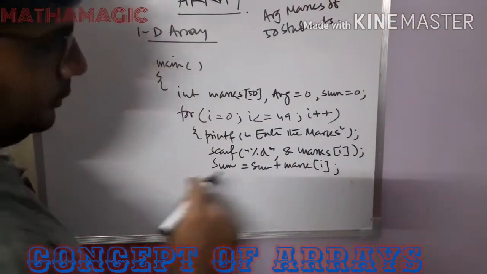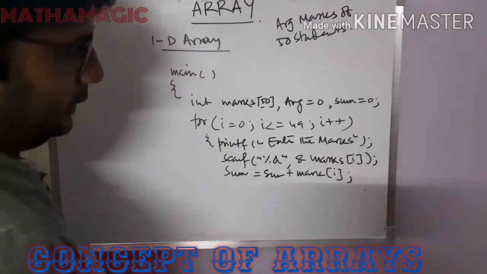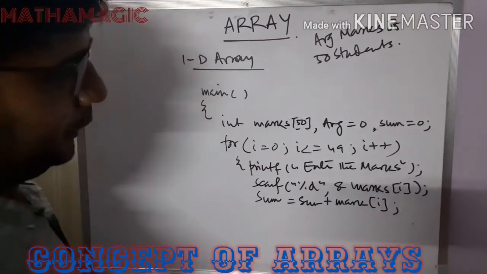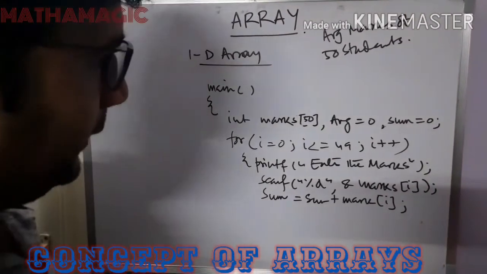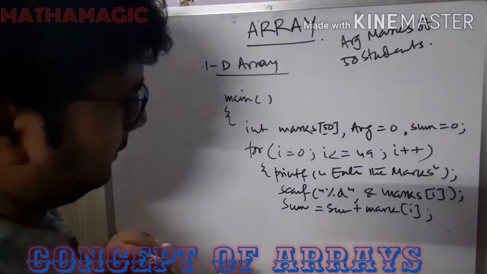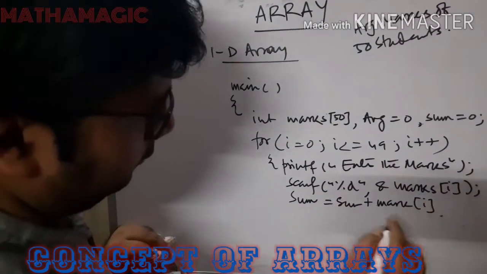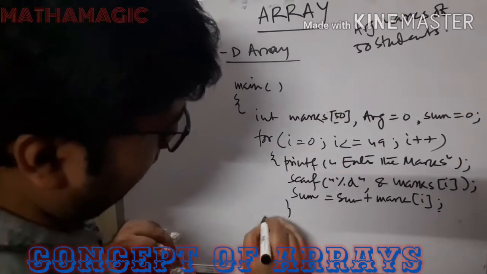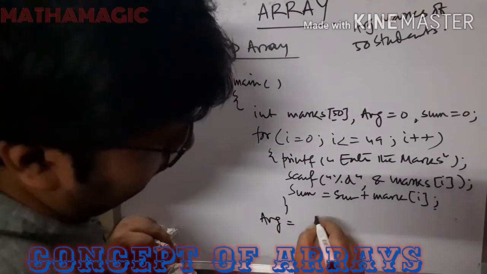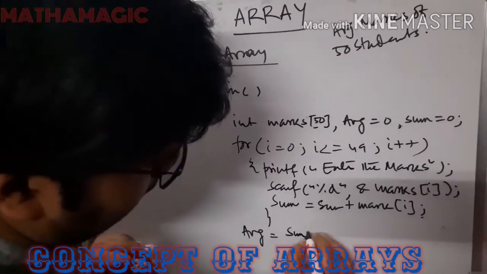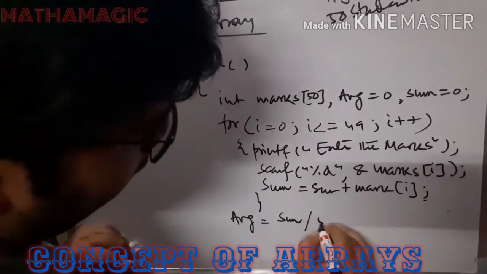So sum equals to sum plus marks[i], whatever value marks[i] is getting, we are just trying to use that value. So this is how it works. Now after execution, average equals to sum divided by 50.